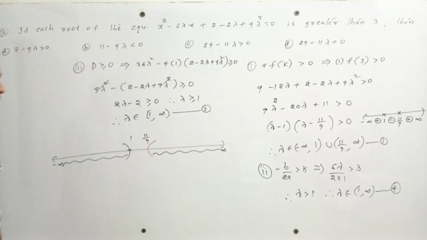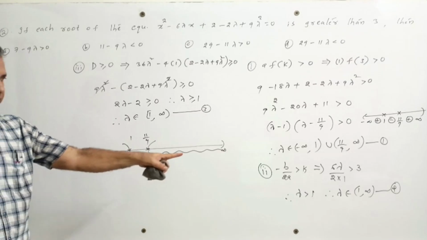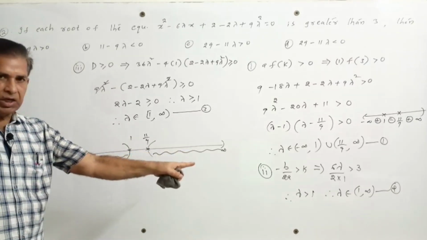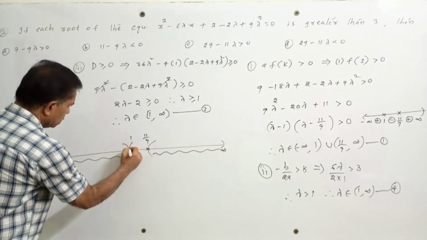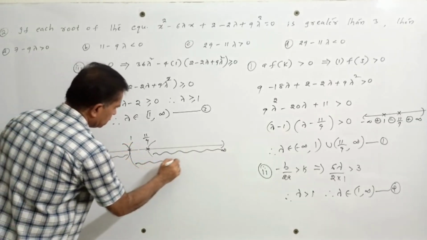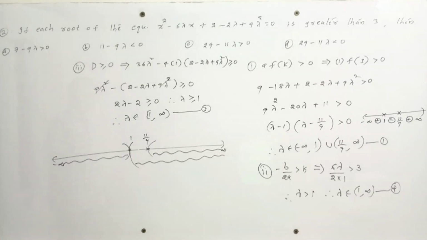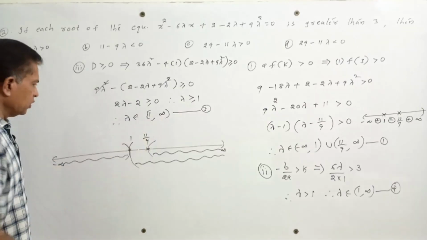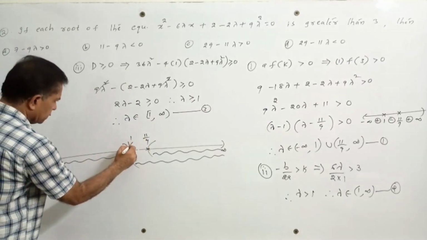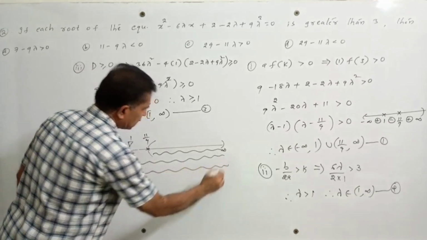The second condition is satisfied if lambda lies in the interval 1 to infinity, 1 is open. The third condition is satisfied in the interval 1 to infinity, but 1 is closed.